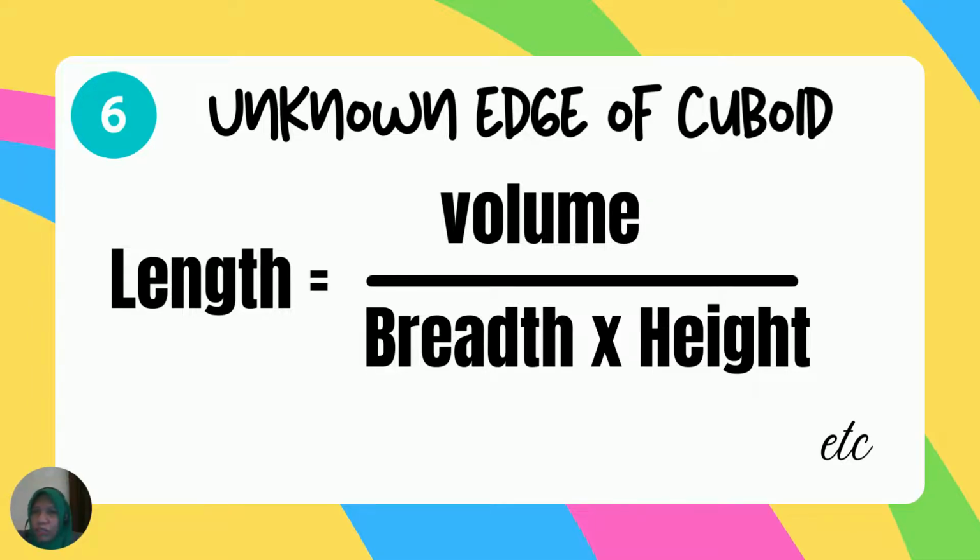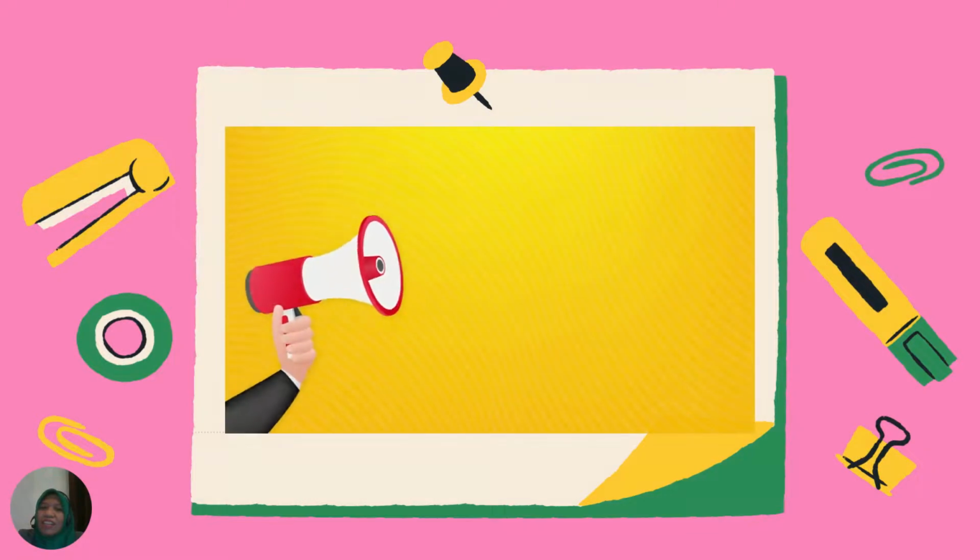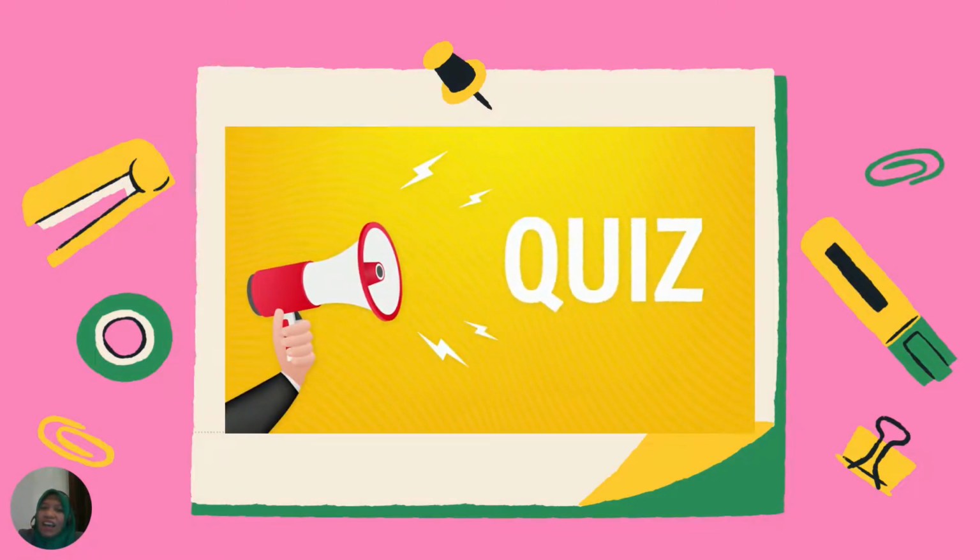If you want to find the breadth, you divide the volume by the length times the height. And when you want to find the height, you divide the volume by the length times the breadth. Okay? It's so easy, right?